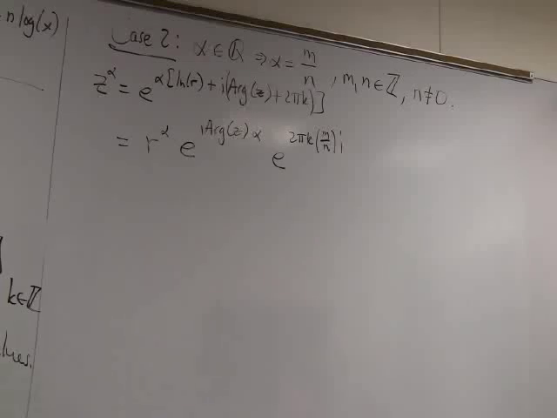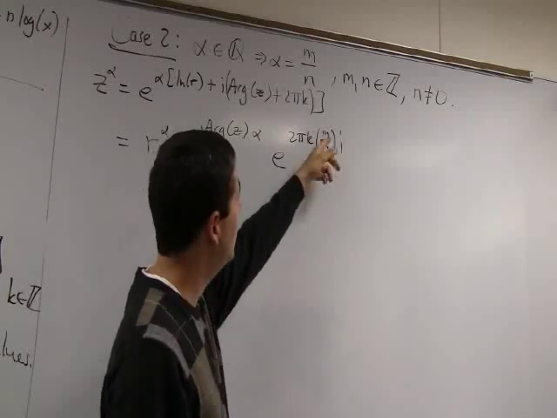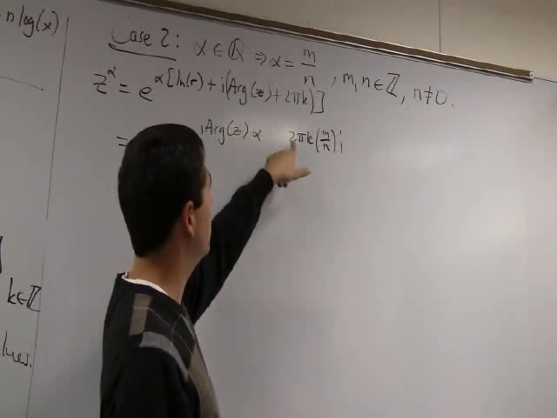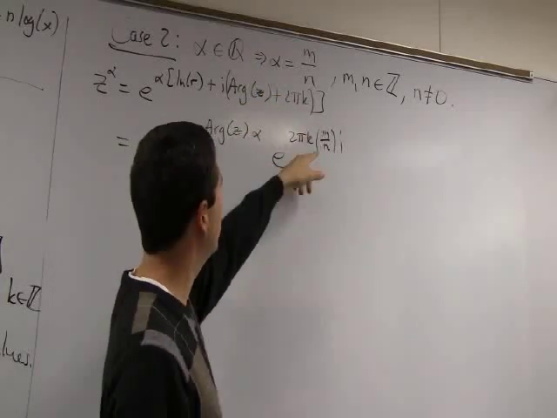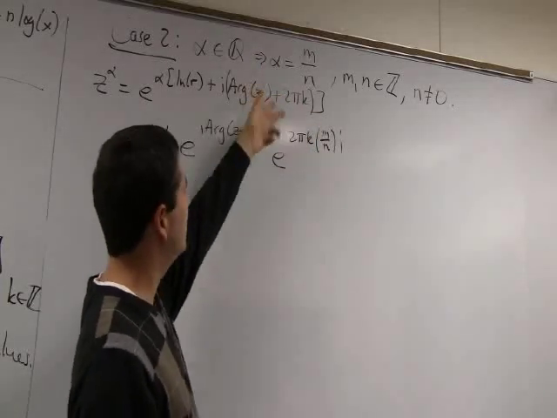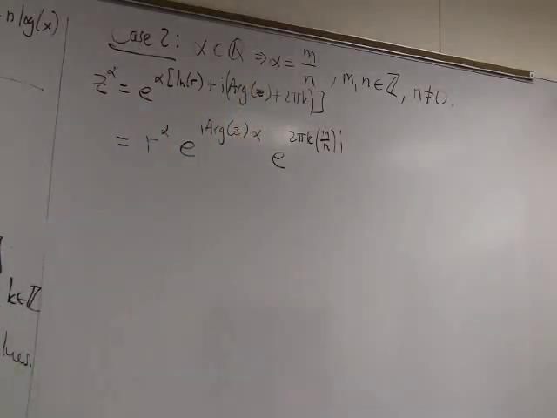Maybe not. Let's say m was 2. That would be 4 pi k. Well, I guess you're not getting anything less. What if m was 3? Then you get 6 pi. And then maybe you're missing out on things. We'd have to check.